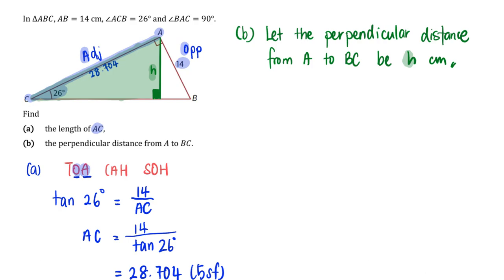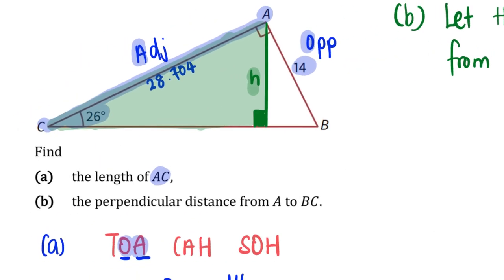Then, applying step 1. H will be with respect to 26 degree, H will be my opposite. AC will be my hypo.